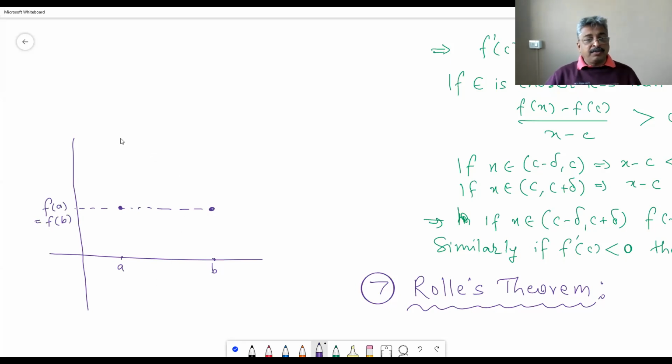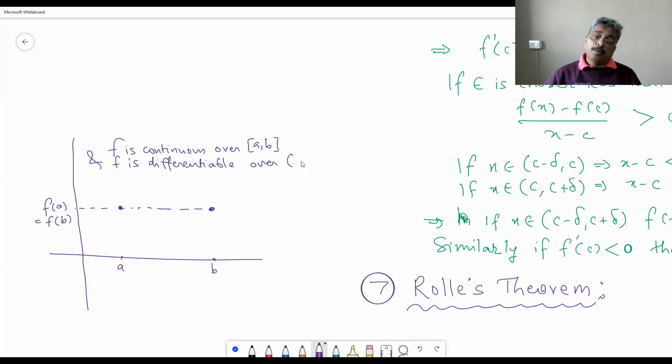And it is given f is continuous over the closed interval a comma b, and it is given f is differentiable over the open interval a comma b.